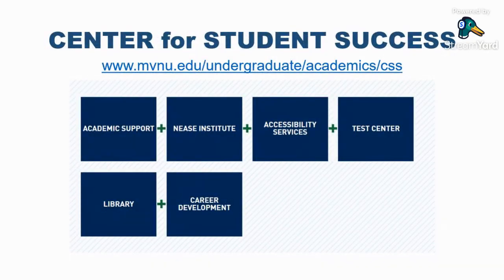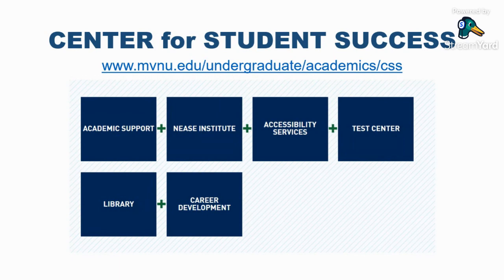We have a great resource on campus called the Center for Student Success. One of the most important things it offers is for any student who is struggling in a course or just wants extra tutoring, they can receive help for free. And this includes our online students. They will make arrangements to have a Zoom meeting or some kind of meeting to get you help. They have accessibility services.